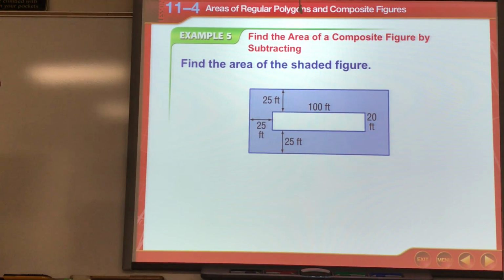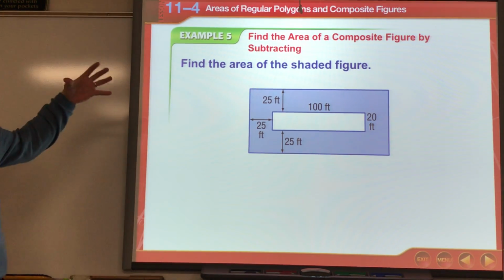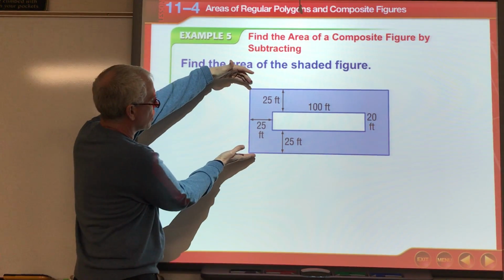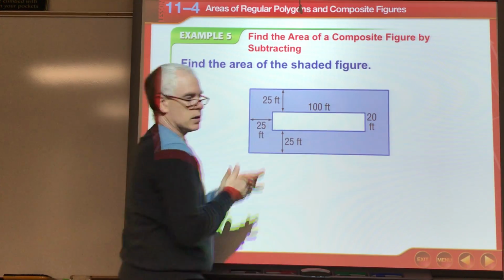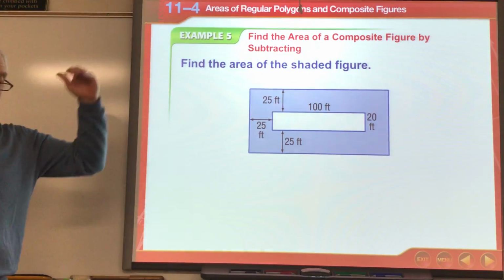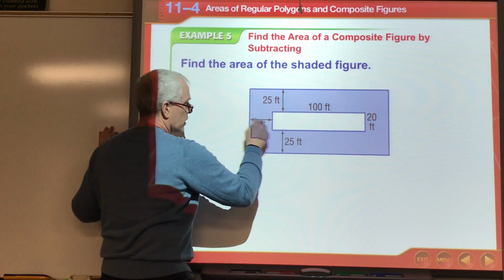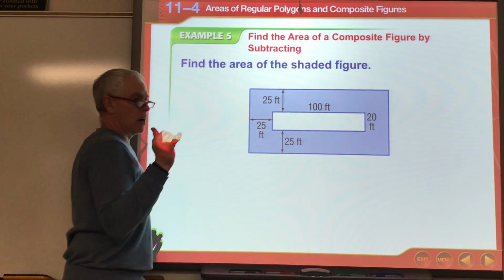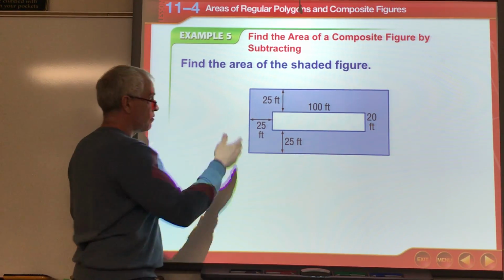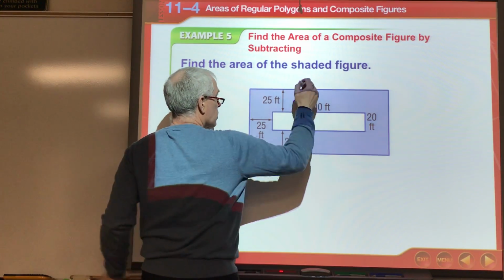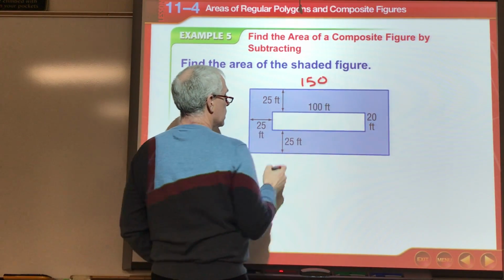Find the area of a shaded figure. Well, in essence, the shaded part is the big rectangle minus the part that's not shaded. So I'm going to take the big rectangle minus the little rectangle. And so if this was 100 and I added 25 to each side, 100 plus 25 plus 25 is 150. So the dimensions on this outside are 150 here.